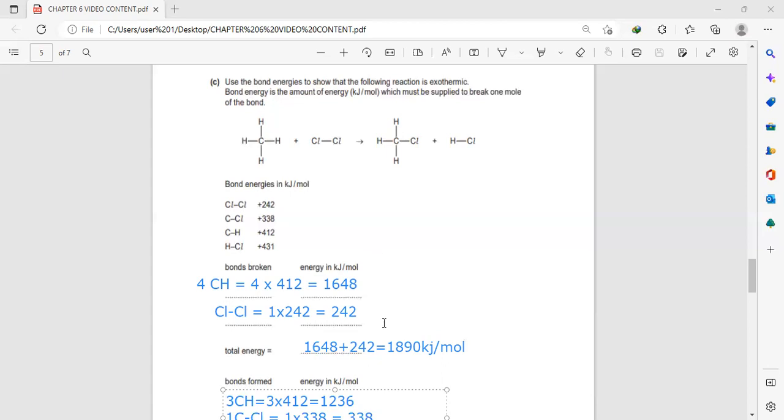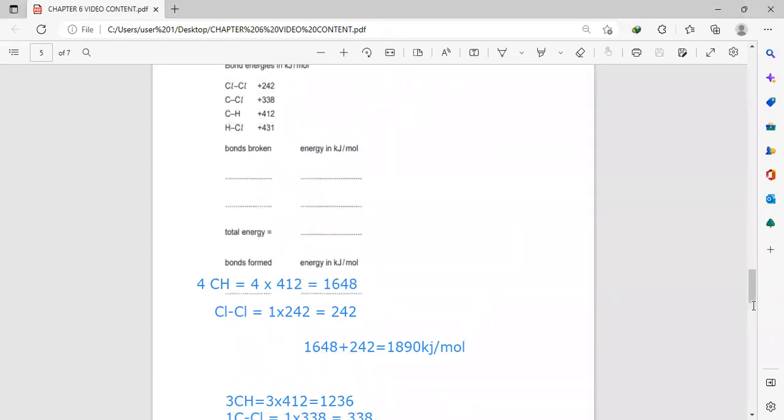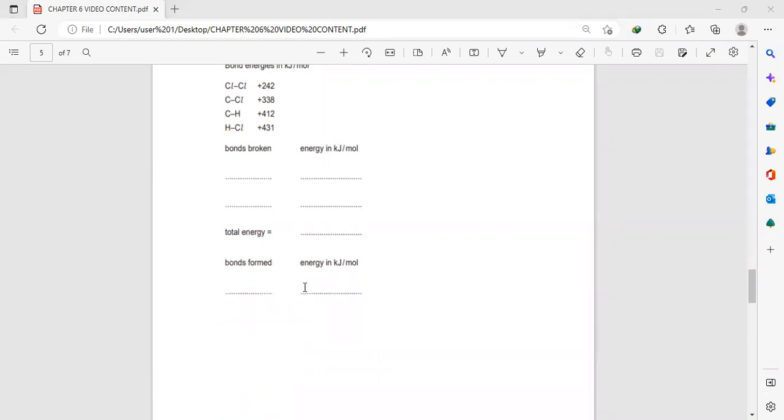Now we are going to calculate the total energy. Now total energy 1236 plus 338 plus 431 equals 2005.